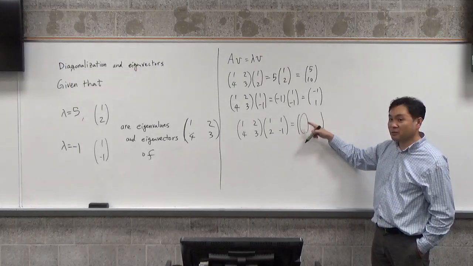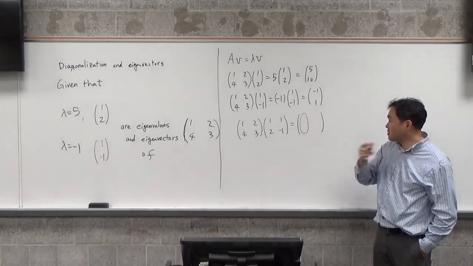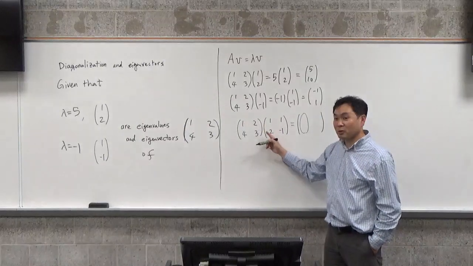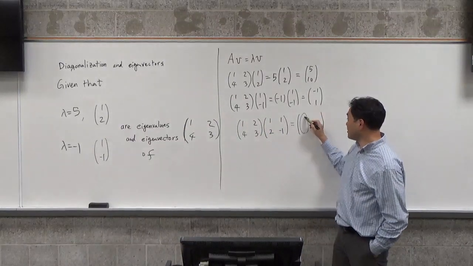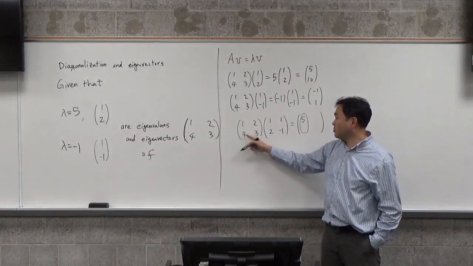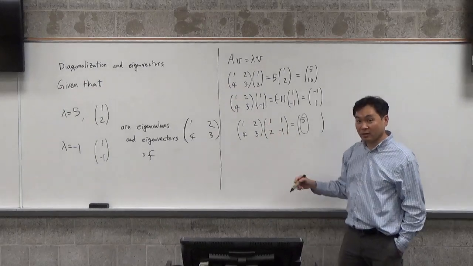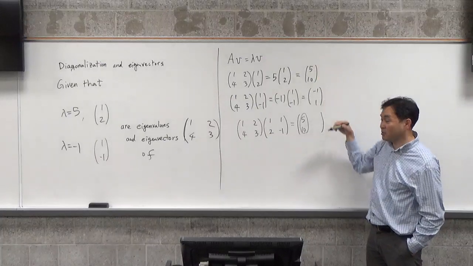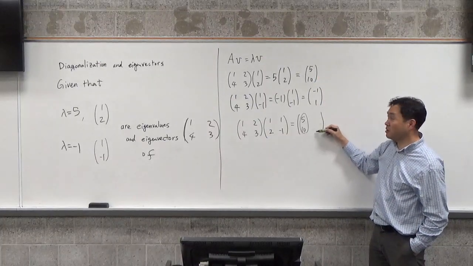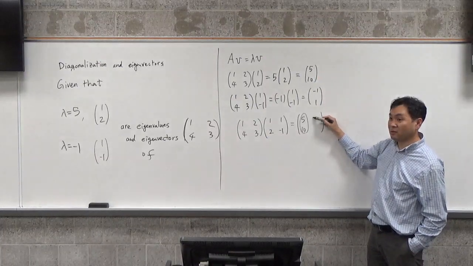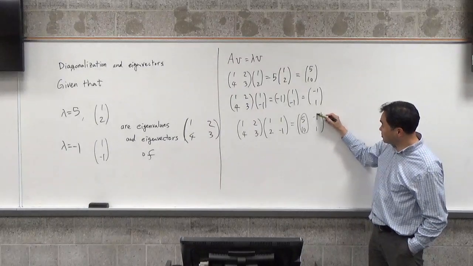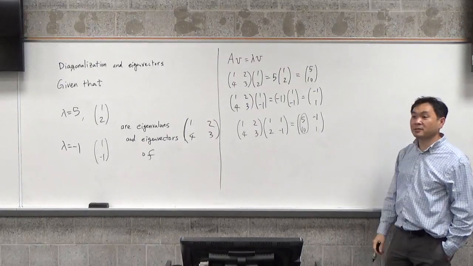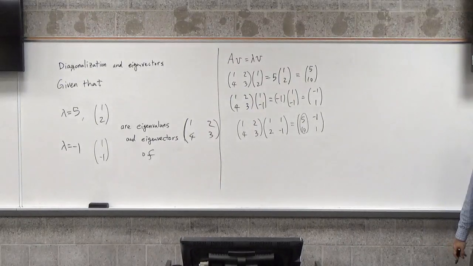What goes here and here? [[1, 2], [4, 3]] times (1, 2) is what? 5, isn't it? 4 times 1, 3 times 2, added, what do you get? 10. It's exactly this one. What goes here then? This. Okay. Is it okay?